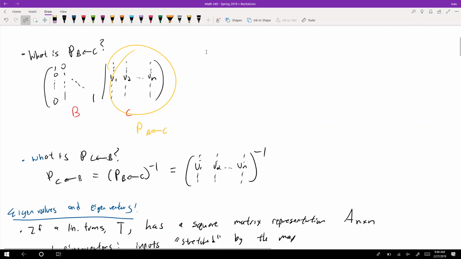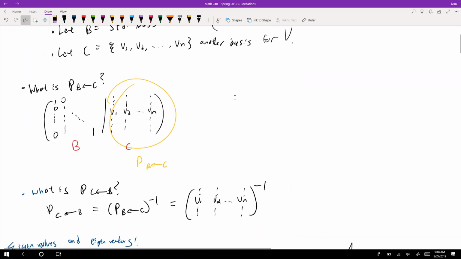So if B is the standard basis and you're trying to go from C to B, your change of basis matrix is literally just the basis vectors in a matrix, all right? And then if you want to go the other direction, if you want to go from the standard basis to basis C, it's just the inverse of your basis vectors, right?